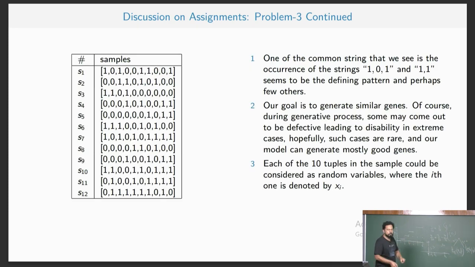I'm supposed to look at this now. Having found x1 is 1, so x1 is 1 is your first bit, right? Which are those cases you will focus on now? S1, S3, S6, S7, S10. Your sample reduces. That's what conditional probability does, right? Having seen something, your original sample is reduced, because now you have to focus only on the samples which are conditioned on x1 being 1, whose first bit is 1.